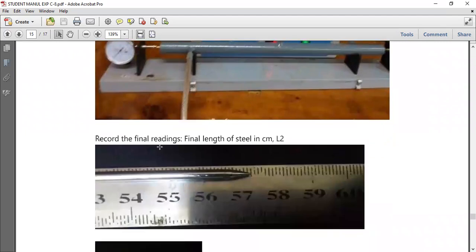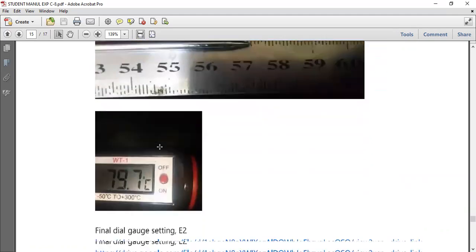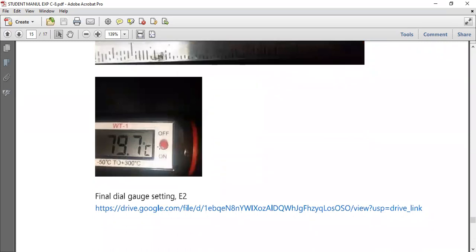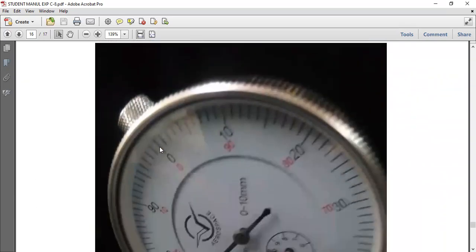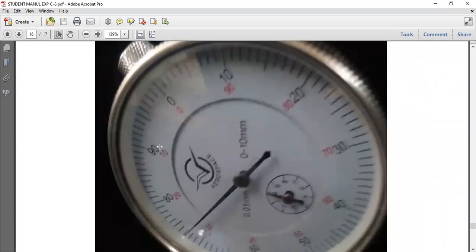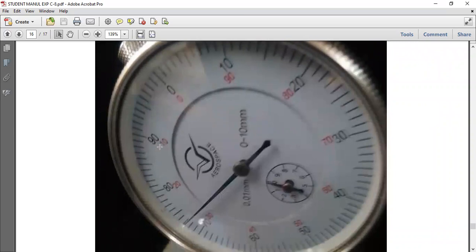Then we'll also be required to take the final readings, such as the final length of steel in centimeters, the final temperature as indicated using the digital thermometer, and of course the final dial setting when steel is used as indicated in the dial gauge.